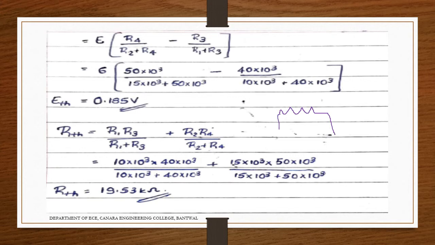When you remove this voltage source, it will be shorted as per Thevenin's resistance.